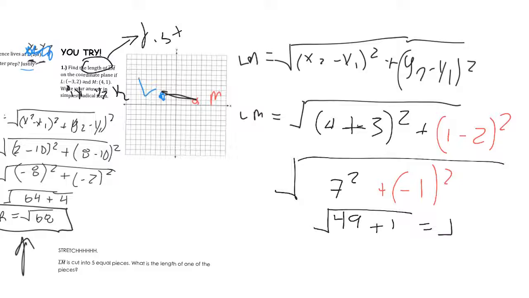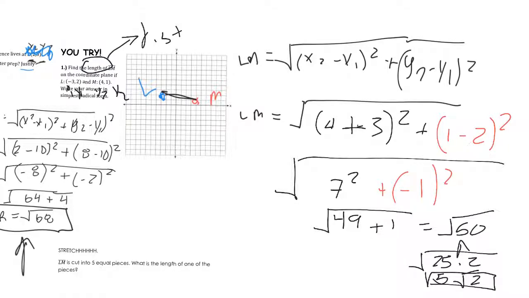So that's going to be the square root of 50. But I could break this down. 50 is just 25 times 2. So now I could take the square root of 25. It's 5. I can't take the square root of 2, so I'll leave that. So LM is 5 square root of 2. That's the simplified version. It's that simplest radical form, so that's why I had to do that.